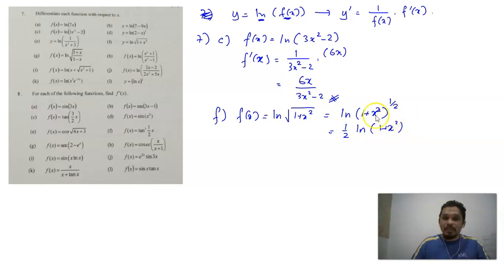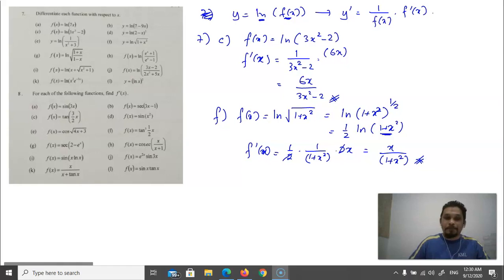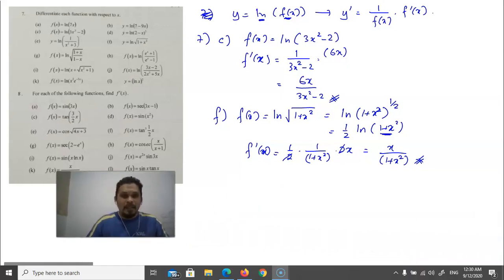So f prime(x) equal to the 1 over 2, a constant, and differentiate ln, 1 over 1 plus x squared, multiplied with the derivative of 1 plus x squared, 2x. So 2 divided by 2, we got x here, divided by 1 plus x squared. Okay, question number 7, C and F.